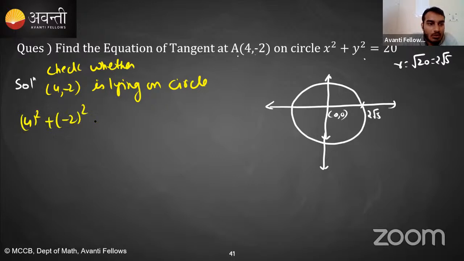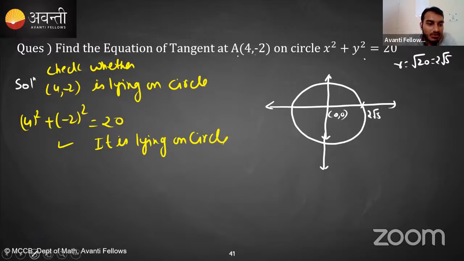How much is this? 20 only, right? So it is lying on the circle. So 4 comma minus 2 is lying on the circle, maybe somewhere here. So we have to find the equation of tangent at this point.